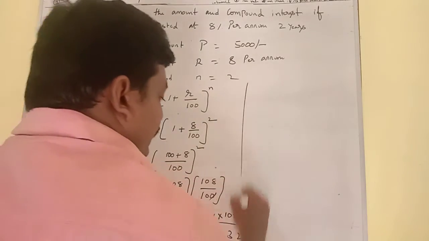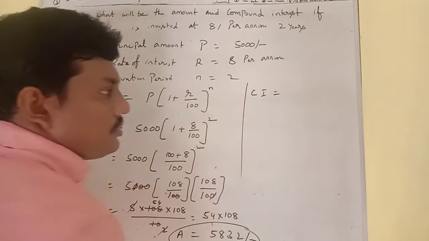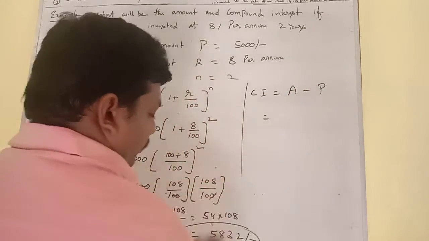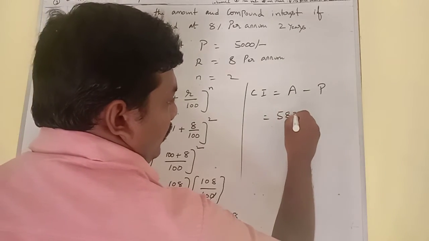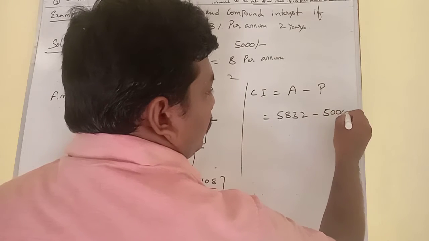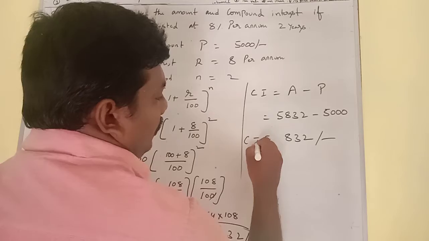What about the interest? The compound interest CI is the amount minus the principal. The amount value is 5832 minus the principal value 5000. It becomes 832 rupees. So this is called compound interest.